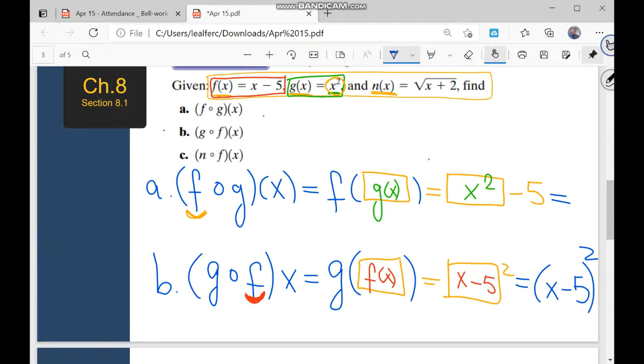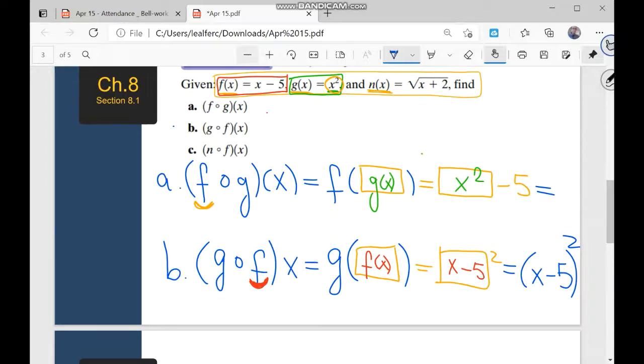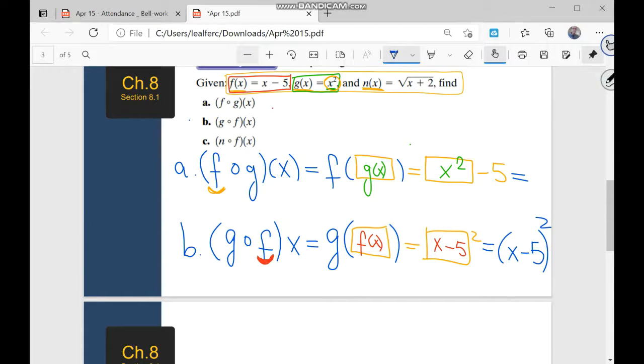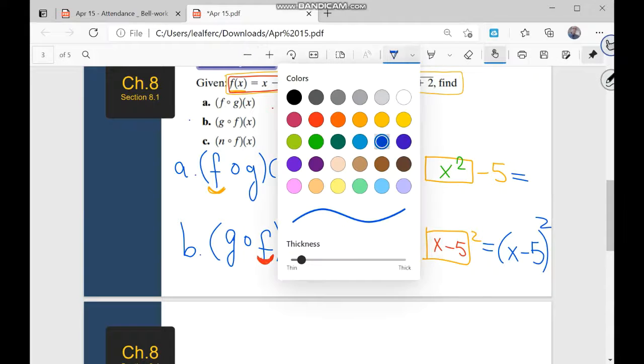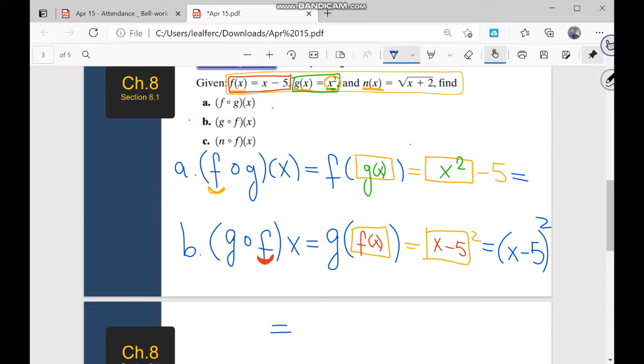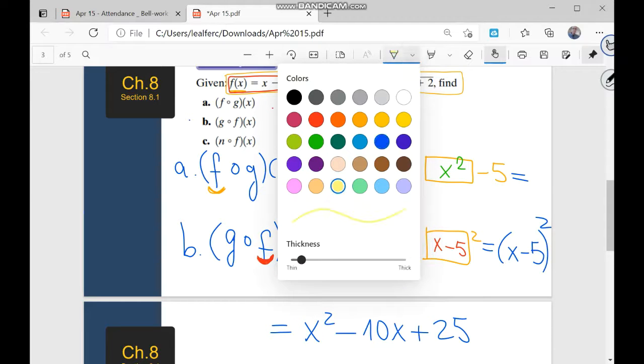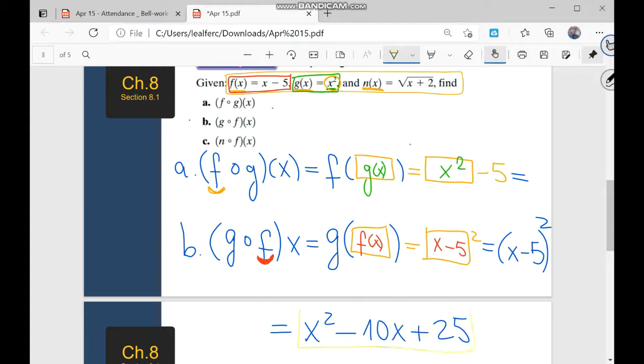Okay, makes sense? On this last example, we still need to simplify. I need to find what x minus 5 squared is. And if you remember, this is a special case where we can use a formula, a squared minus 2ab plus b squared. There is a formula that will help us find x minus 5 squared.